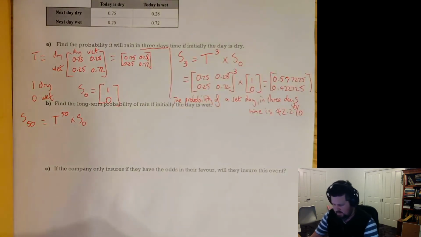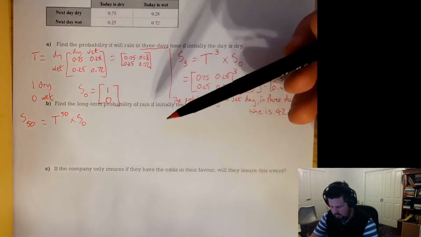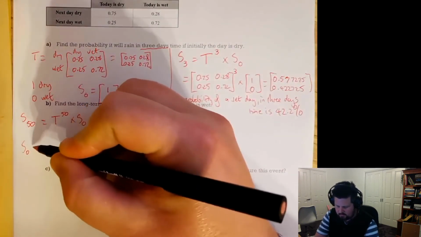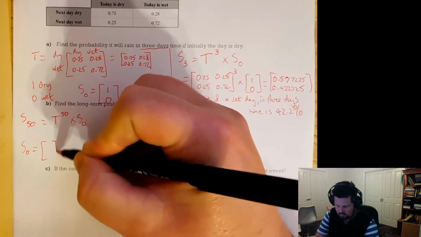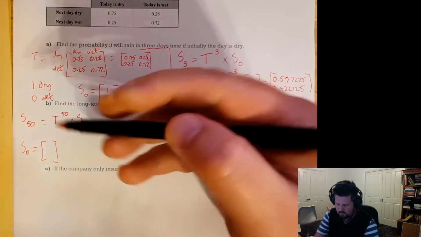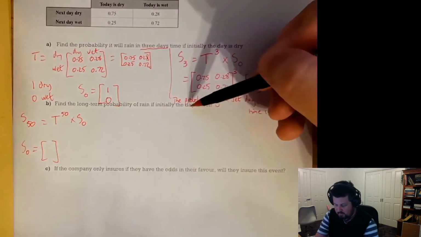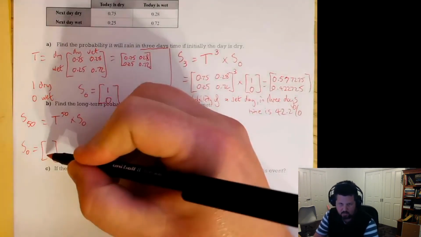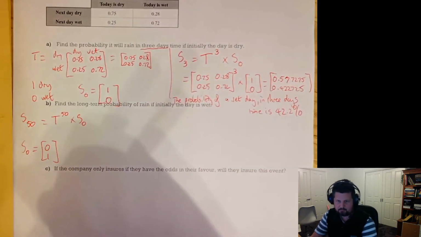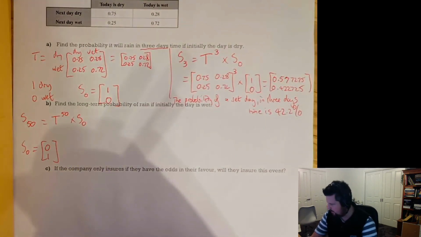In this particular case, it was saying the initial day is wet. So for the initial matrix, remember it's dry is the top one, wet will be the second one. So because they're saying the initial day is going to be wet, there's a 1 down the bottom for wet and a 0 for dry up the top there. So let's do this now.